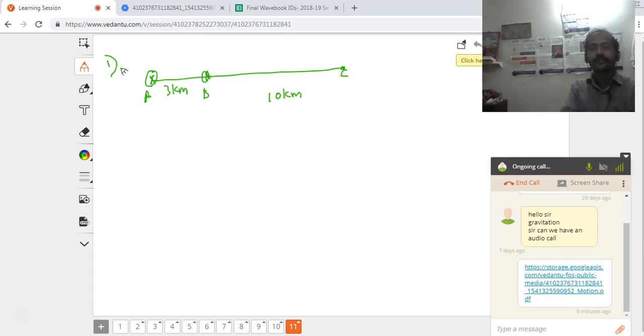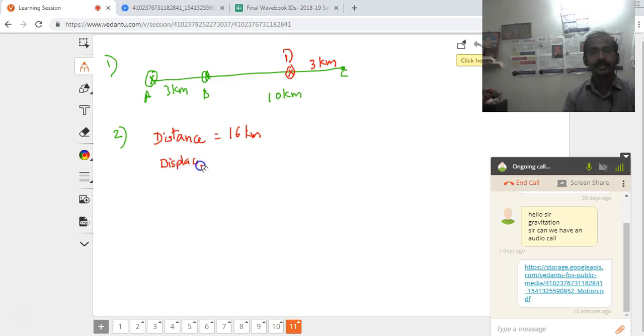Very good, 13. In the second case, it went to C and came back to D, 3 kilometers back. Now, what is the distance and what is the displacement? Distance is 16 kilometers.